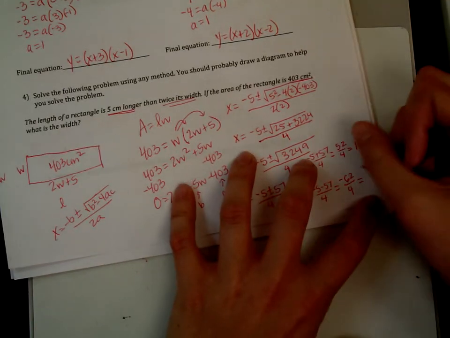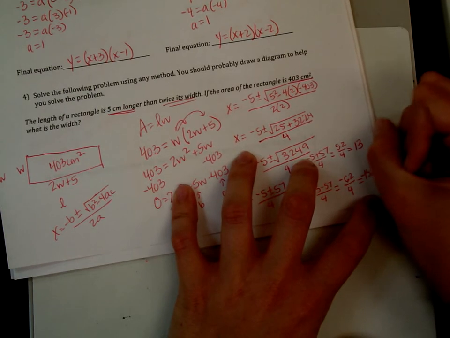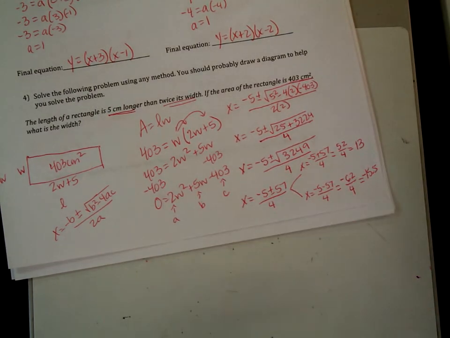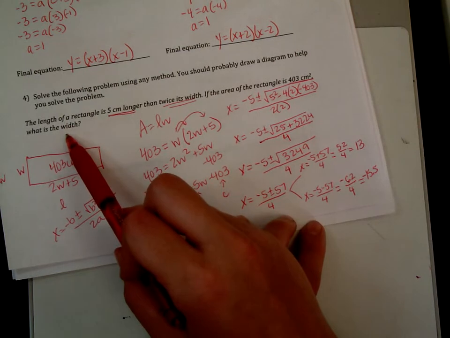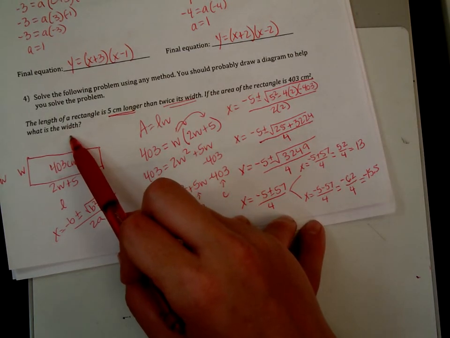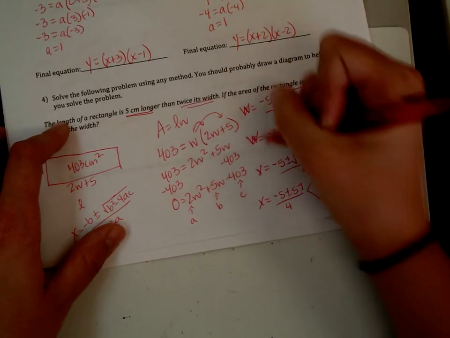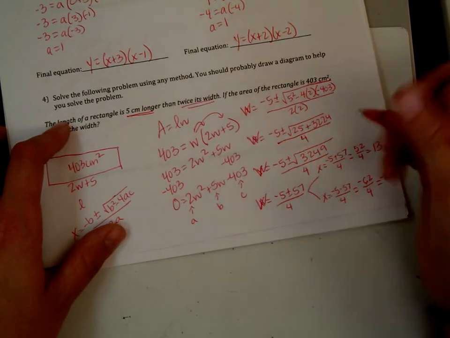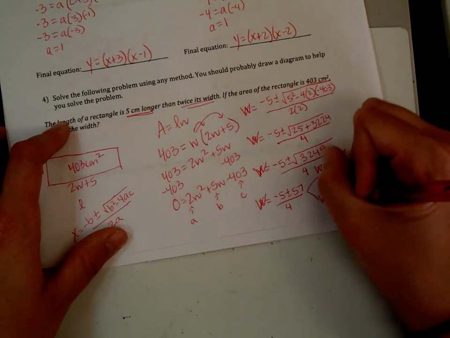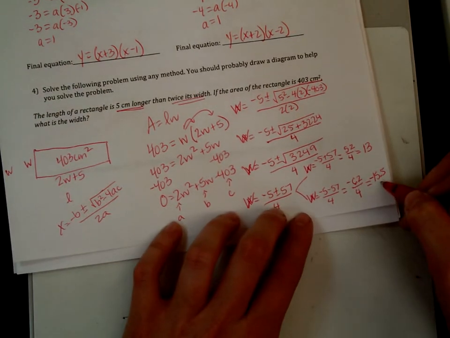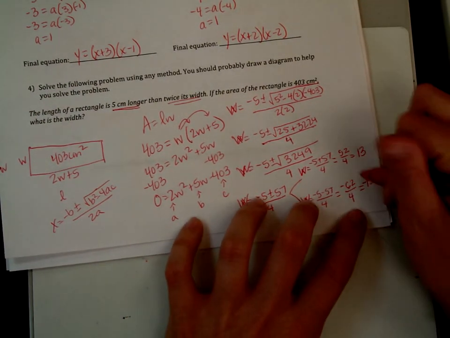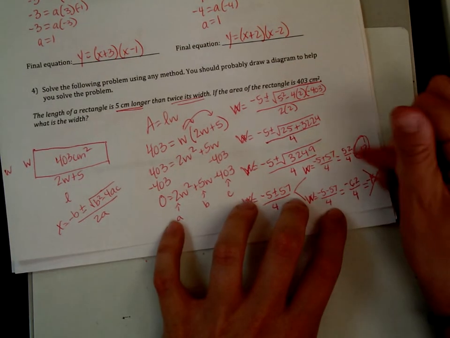So it's -15.5. So we want to know what is the width. So our x actually was a w, the width. It's impossible to have a negative width, right? We can't have that. So that number doesn't make sense. So 13 is the width.